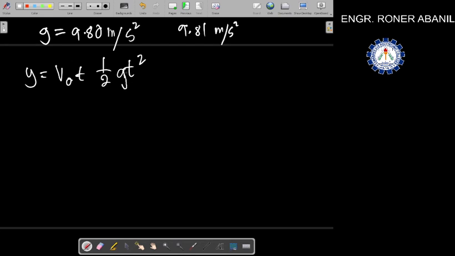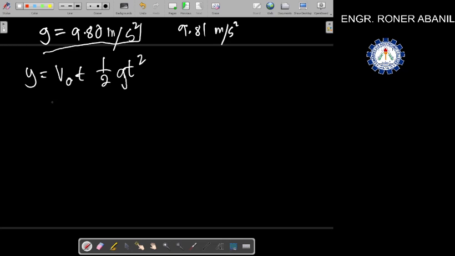Ayan, yung a nilagyan ng buntot naging g. So, yun 9.80. Huwag muna tayong gagamit ng 9.81. Kailan ba tayo gagamit ng 9.81? Kapag merong multiple choice tapos hindi lumalabas yung answer nyo, try nyo gamitin yung 9.81 imbes na 9.80.